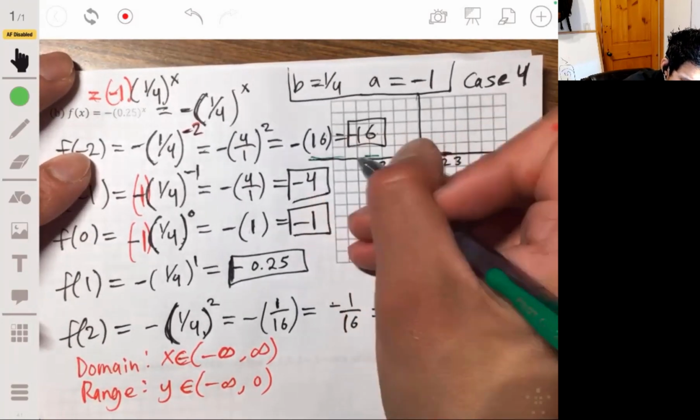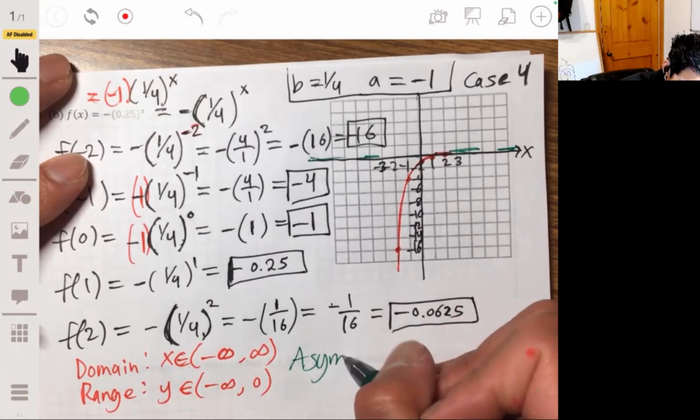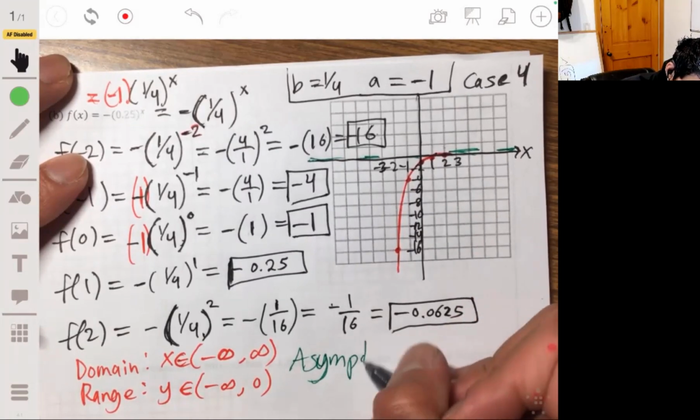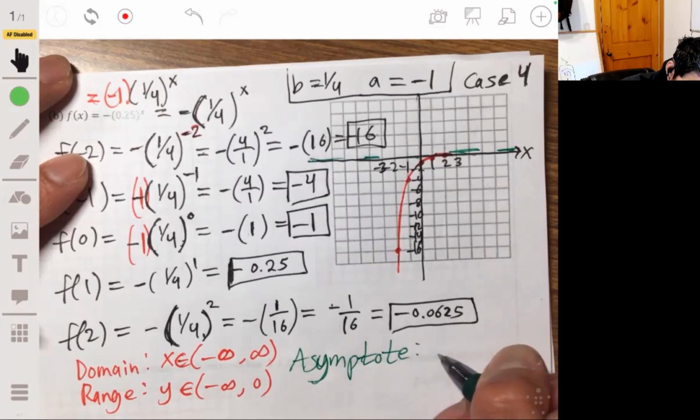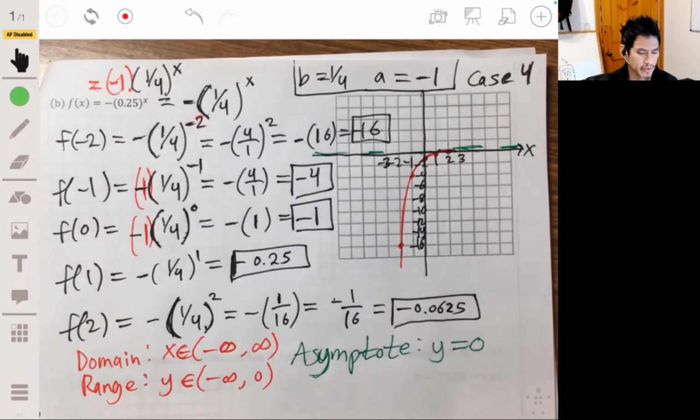The asymptote will be the x-axis again, because it gets very, very close to the x-axis, but never crosses the line at y equals 0.